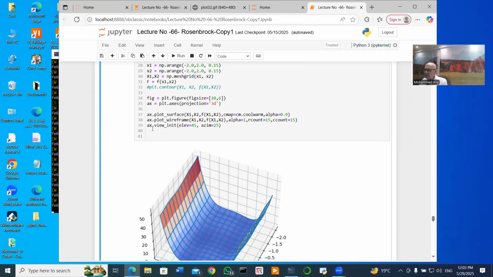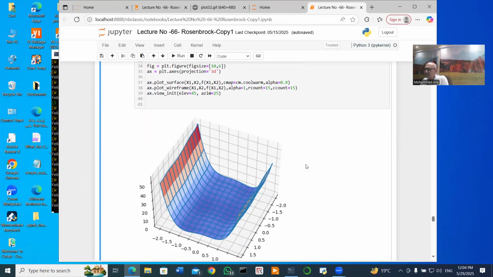In order to show the plot surface with a wire frame, we also add or build a wire frame using the same parameters. Alpha is a little bit different so that the lines will be shown clearly. The row count is equal to 15 and the column count is equal to 15.